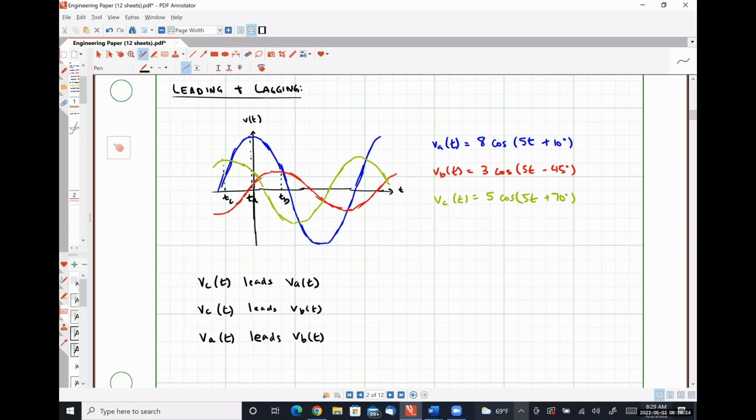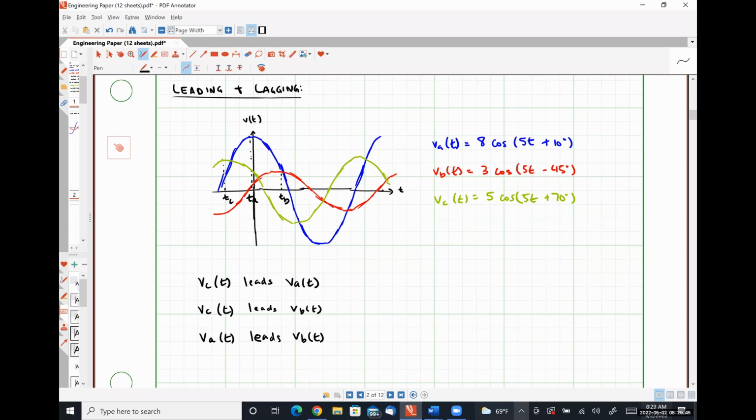TC is at an earlier point in time than TA and an earlier point in time than TB, which is why I'm saying that VC leads VA and VB. TA occurs at an earlier point in time than TB. That's why I'm saying VA leads VB.